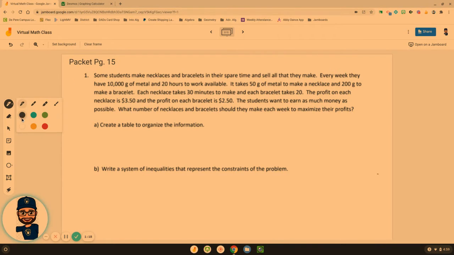So the first thing to understand is, what are we looking for? The number of necklaces, the number of bracelets that they should make. And as I set this one up, let's write it underneath. Let X equal the number of necklaces, which then means Y will be the number of bracelets.